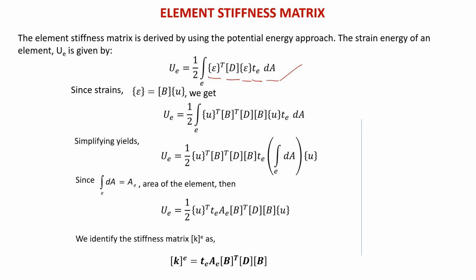From the previous chapter, we had defined that the strain is equal to matrix B times U. If we replace this term into the previous equation, we're going to have this equation.